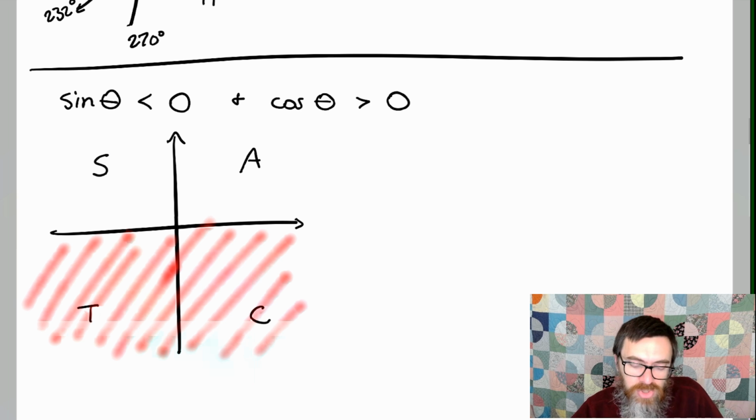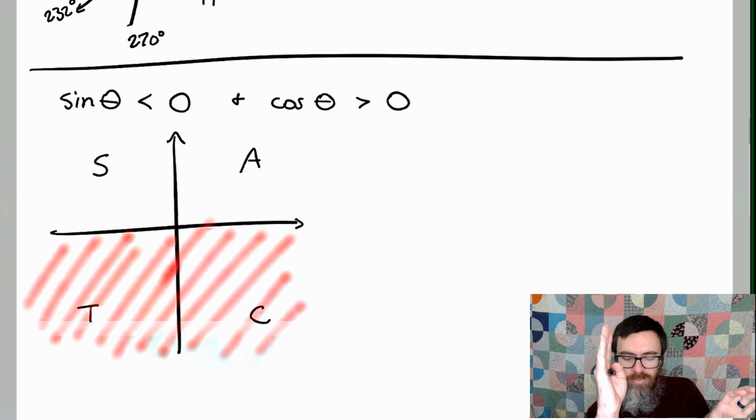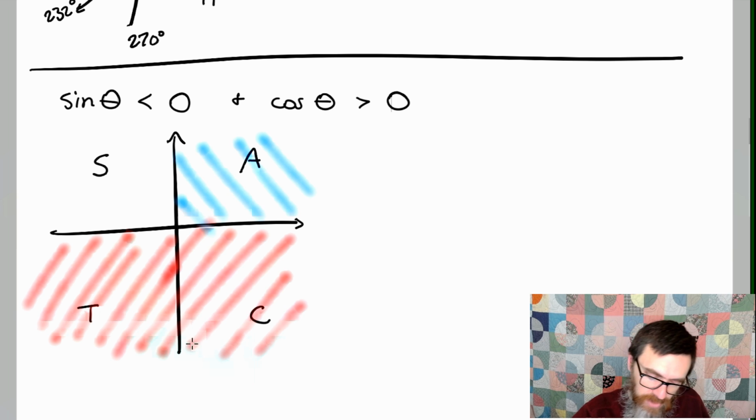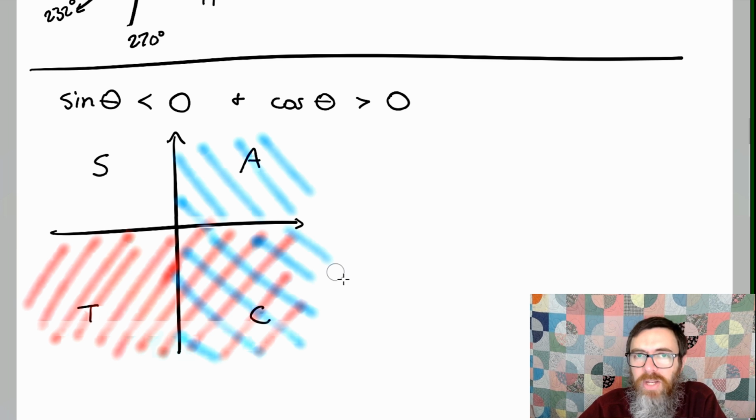And then where's cosine greater than 0? When you think cosine, you need to start thinking about x. Where are x values greater than 0? Where are x values positive? And that's going to be on the right side of the y-axis. So it's going to be here where everything is positive, and also down here in quadrant 4 where cosine is positive.